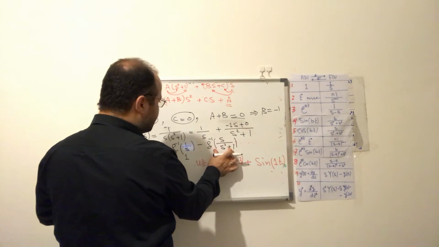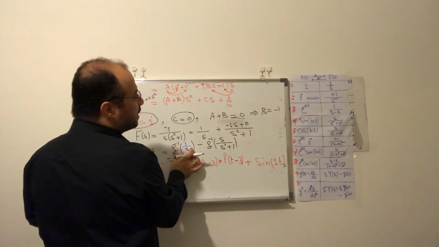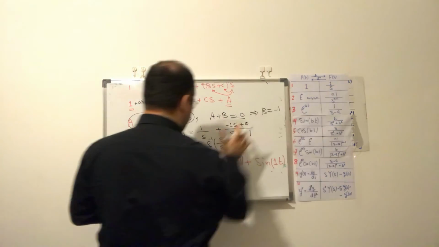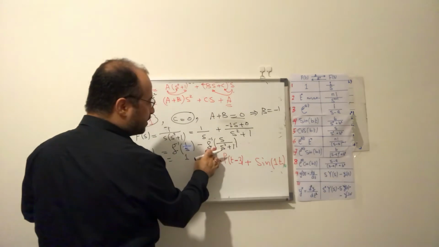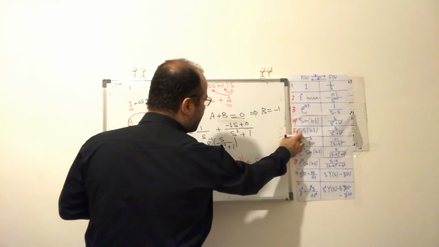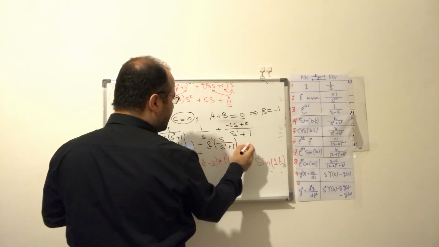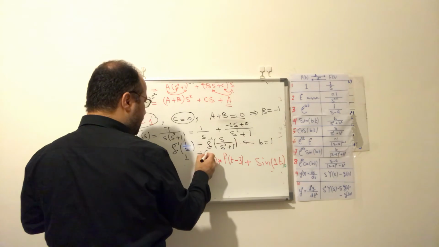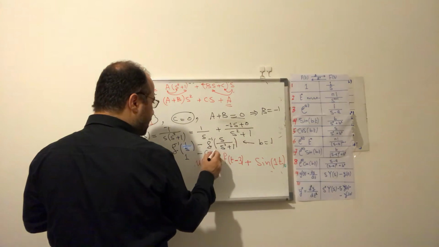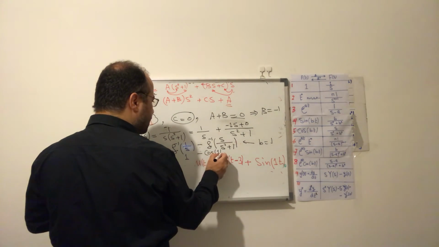This is the first line in the table. And this one is the fifth line in the table, which means you're going to compare with cosine, and here your b is 1, right? And then you're going to have cosine bt, yeah? Then you're going to have 1t, right?